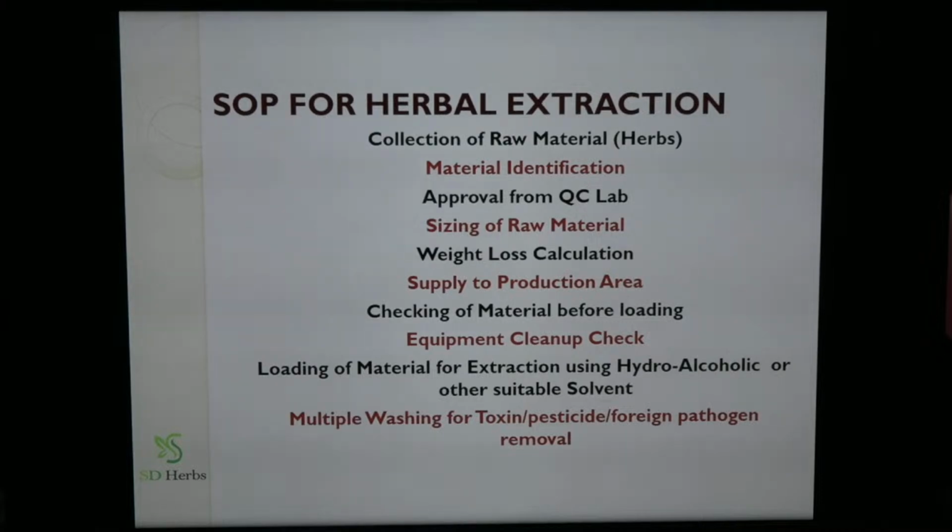There are a lot of extraction approaches available. It varies from product to product and what you require. Sometimes it is hydroalcoholic, sometimes with the help of hexane, sometimes ethyl acetate, sometimes chloroform. So many chemicals, on the polarity basis, we select to get the correct extract we need.